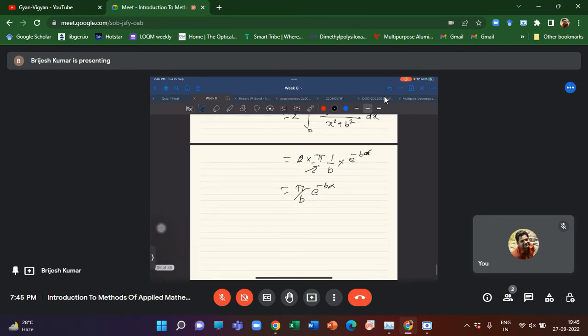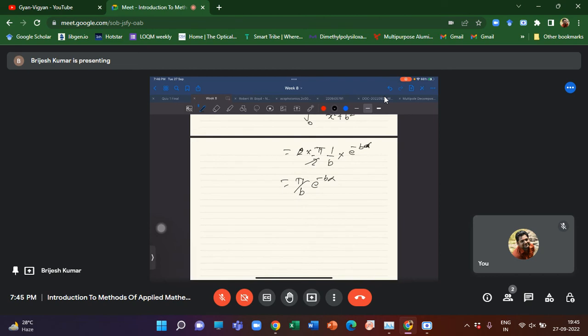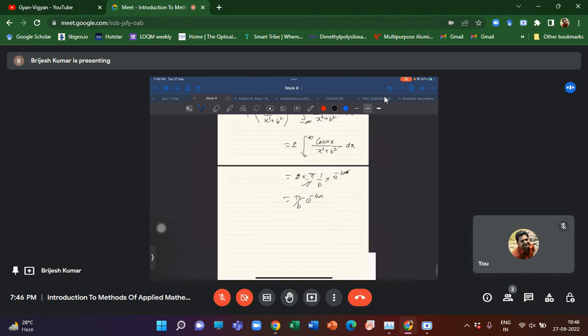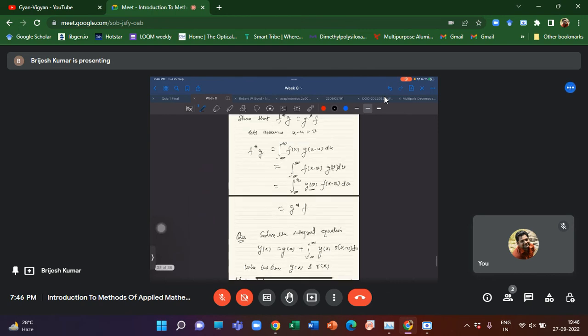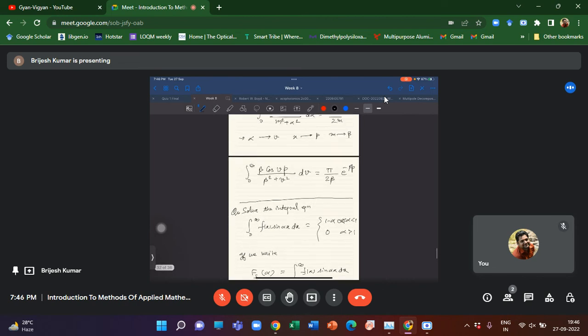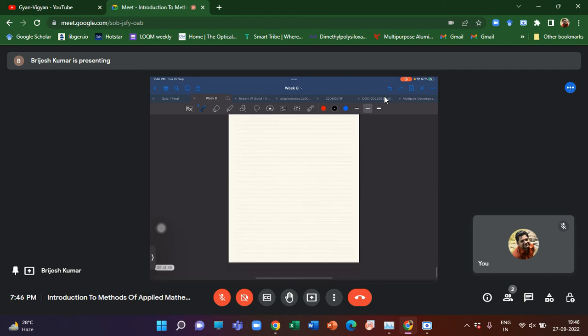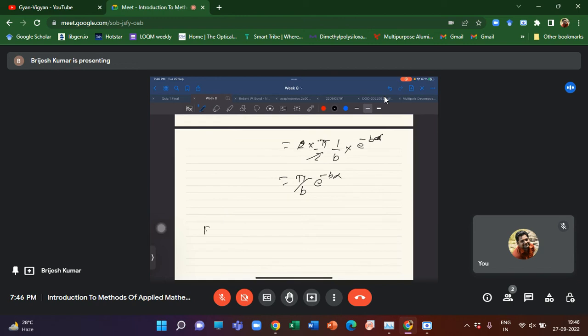Okay, so we solved this problem before. If we take the Fourier transform of this one, then we will get the Fourier transform of 1 upon x square plus a square, and this gives the Fourier transform of 1 upon x square plus b square.